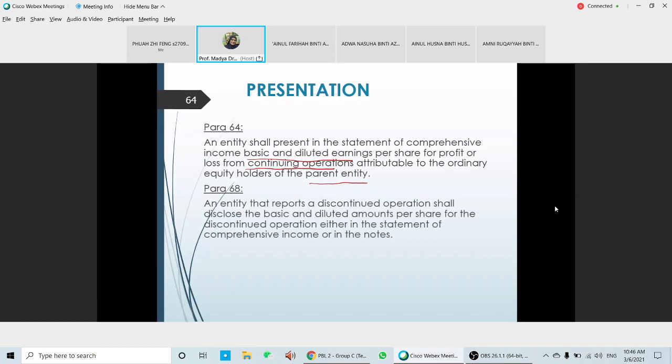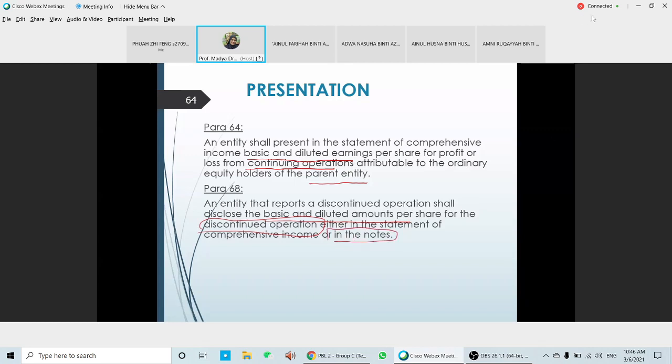Okay, and then for para 68, if the entity reports a discontinued operation, it should disclose the basic and diluted amount per share for discontinued operations only, either in the statement of comprehensive income or in the notes. Most of the time, we put it in the notes.